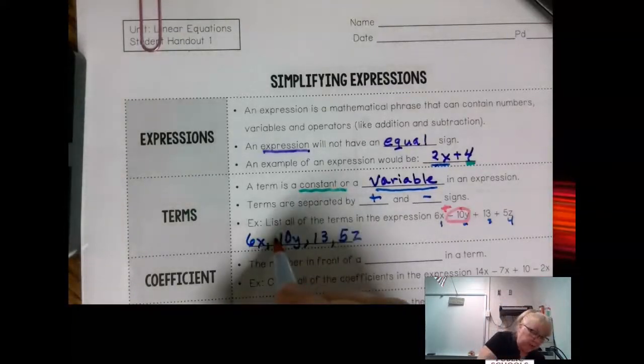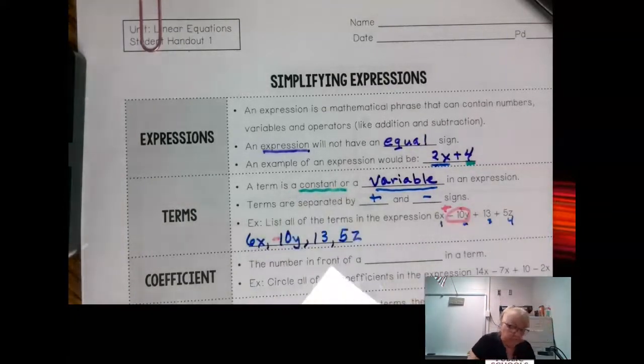So then we would call this term minus 10y. So that's attached to the term.